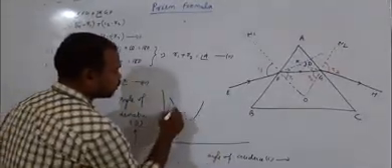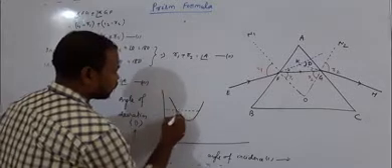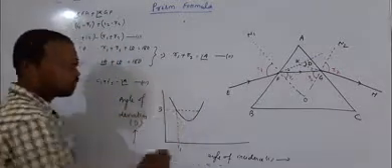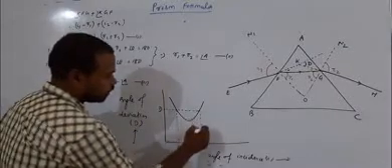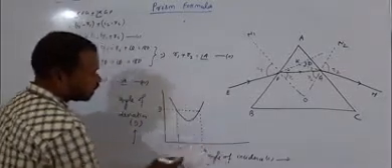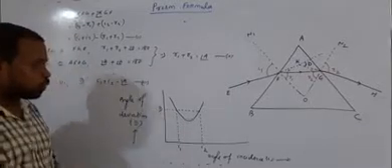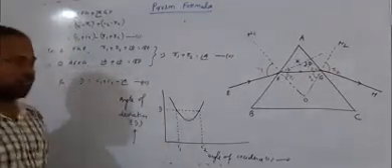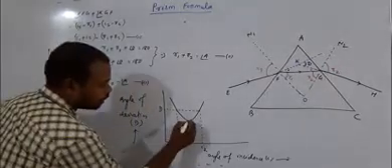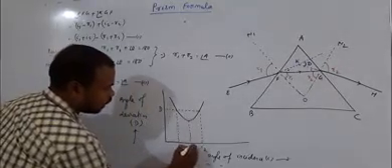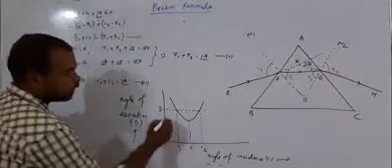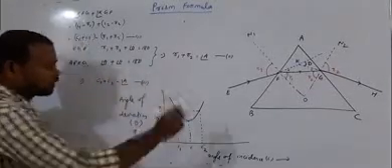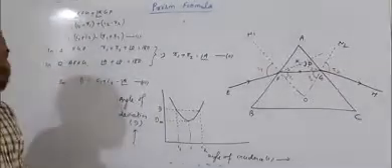That means for the angle of incidence I1, suppose there is a certain deviation D, and for angle of incidence I2, suppose there is also deviation D. That means for two angles I1 and I2, the same deviation is obtained. And when the angle of incidence I1 is equal to I2, in this case the deviation is minimum, that is called the angle of minimum deviation.